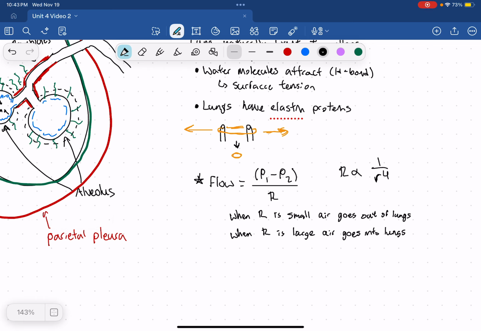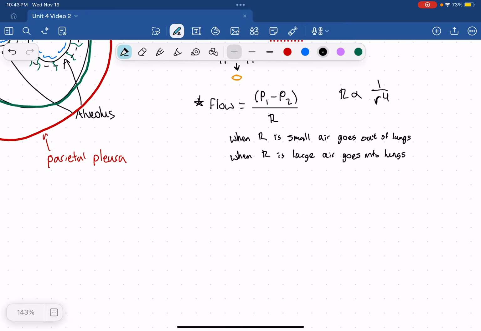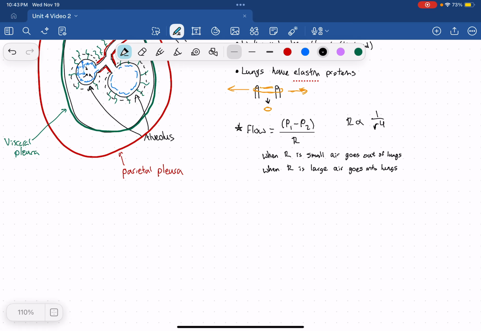So we also can talk about another principle that in chemistry helps us to understand how pressures work and partial pressures. It's called Boyle's law.